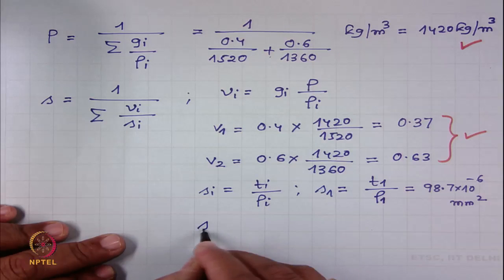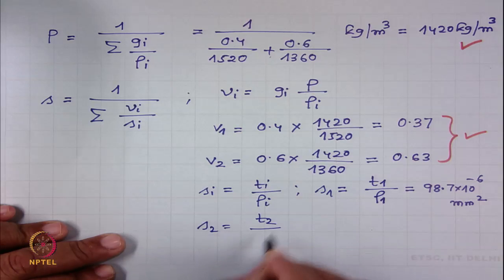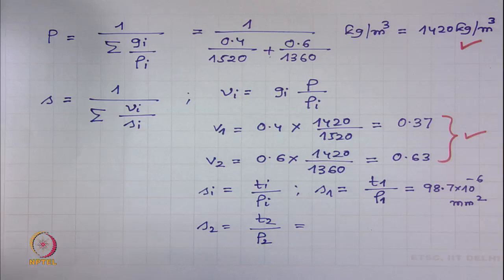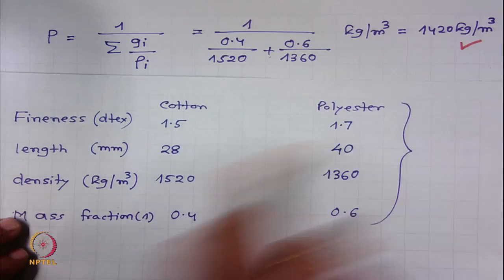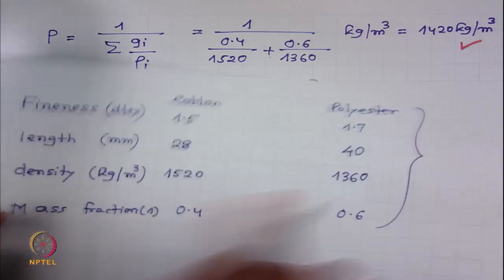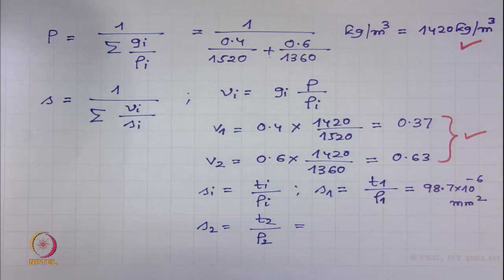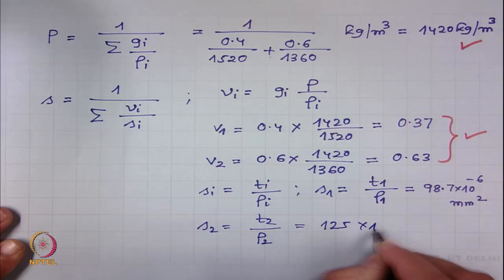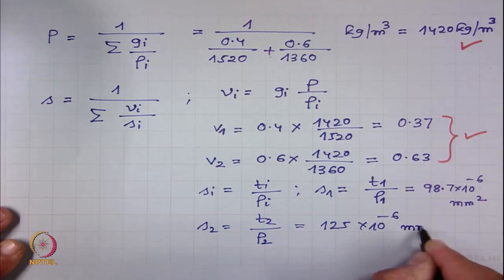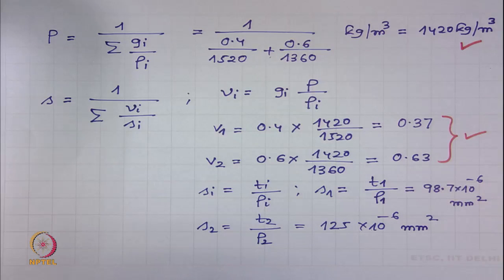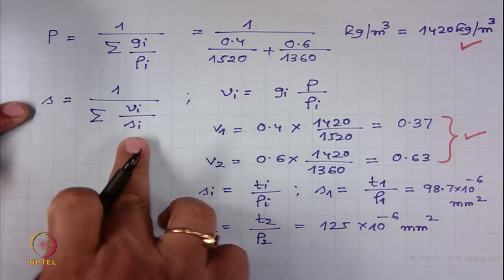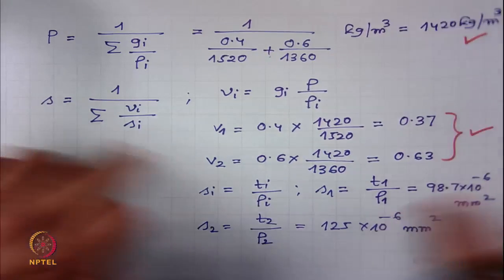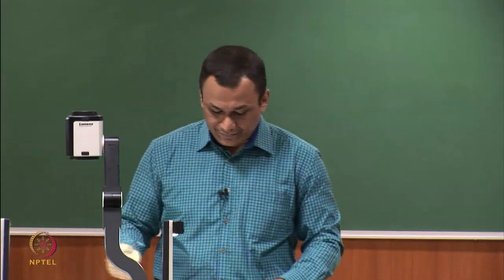Similarly, for S2, T2 by rho 2. So, if we use T2 1.7 decitex, rho 2 1360 kg per meter cube and make the unit balance, then this value you will get as 125 into 10 to the power minus 6 millimeter square. Now, we know all 4 quantities, we will be able to calculate S. Let us do that.